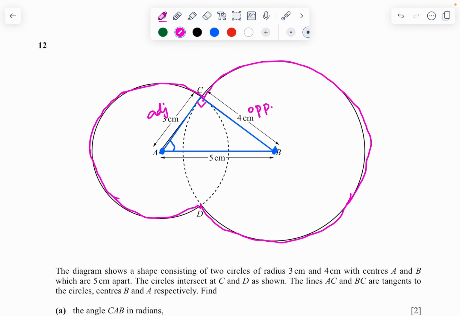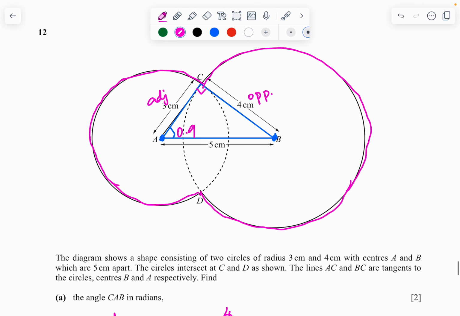So firstly, let me grab my calculator. So firstly, we will calculate what is ABC. So we know that this is, we just got it, 0.927, and this is pi by 2. 90 degrees is pi by 2.